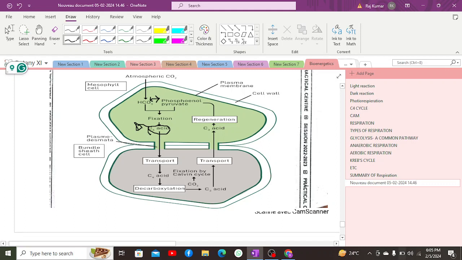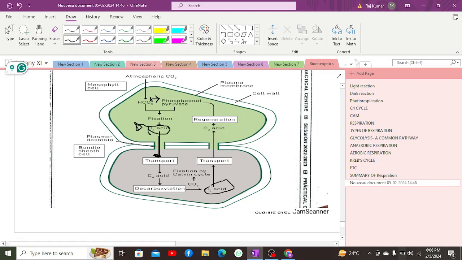This oxaloacetate further goes into the bundle sheath cells, and within the bundle sheath cells the oxaloacetate is decarboxylated. As a result of decarboxylation, it releases carbon dioxide and forms a C3 acid.